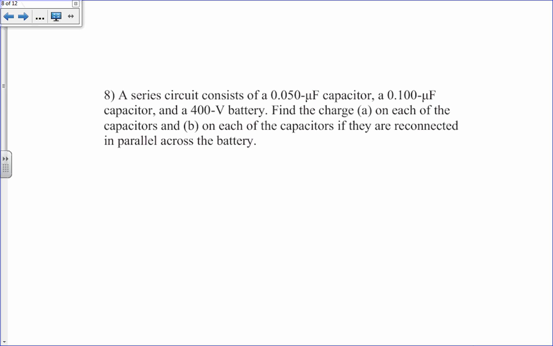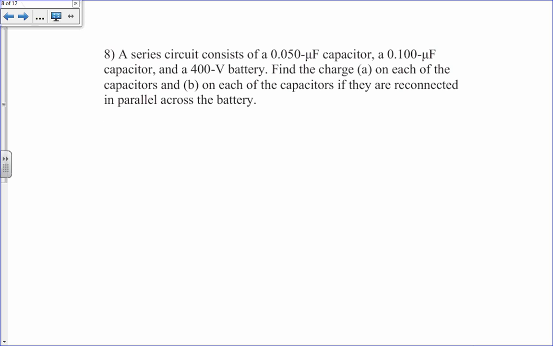All right. A series circuit consists of these capacitors and a 400 volt battery. Find the charge on each of the capacitors. So I have a 400 volt battery and 2 capacitors in series. First of all, let's just remember our rules for capacitors in series.